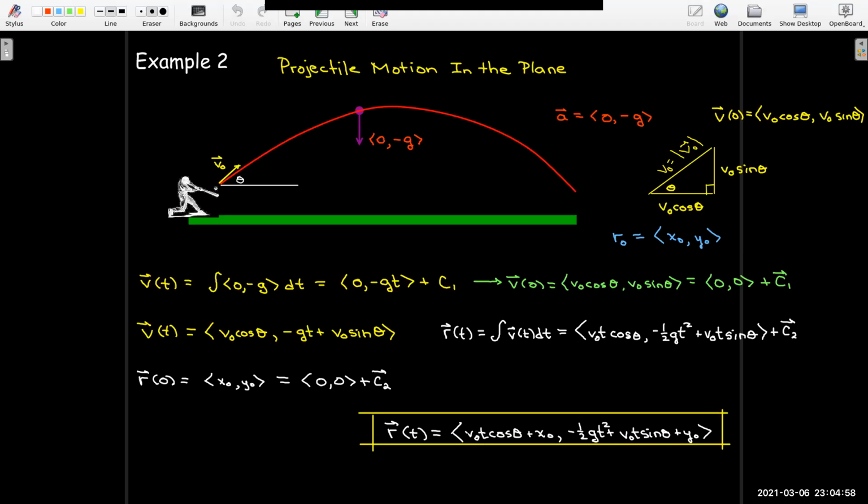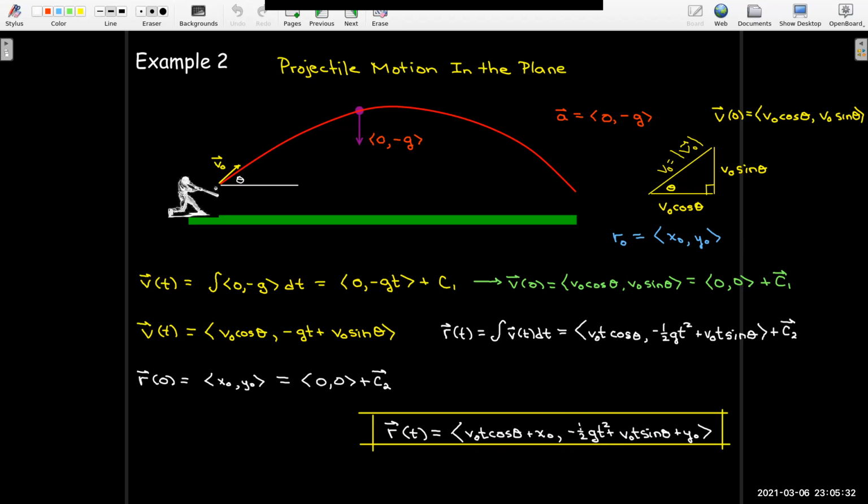We'll have the initial speed times cosine theta times time, plus the initial position in the horizontal direction. And then the vertical component is going to have three terms: the initial vertical displacement, then the initial speed times sine theta times t, and then subtract off 1/2 g t squared.